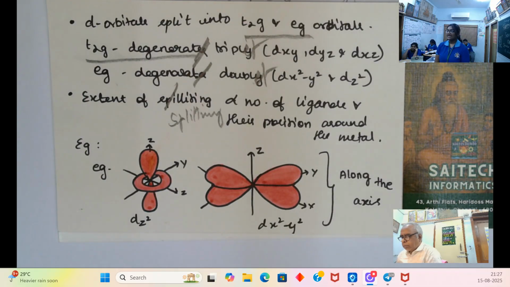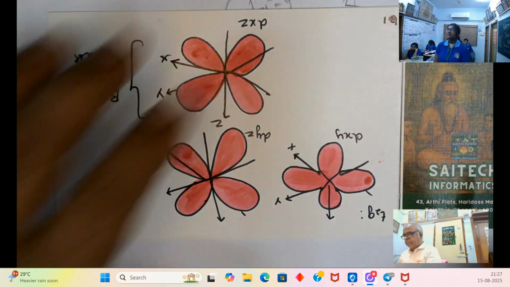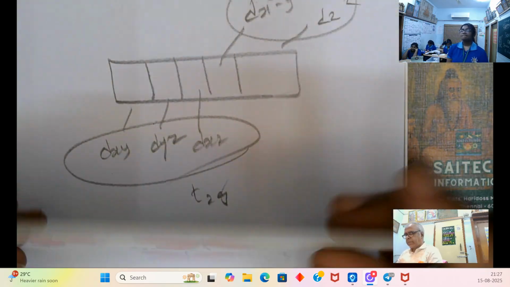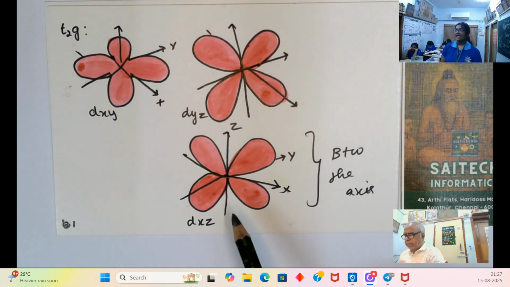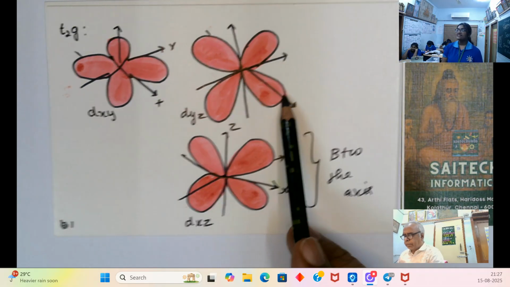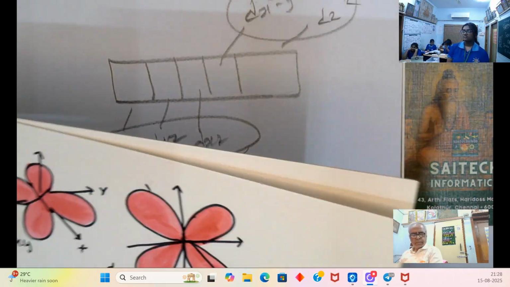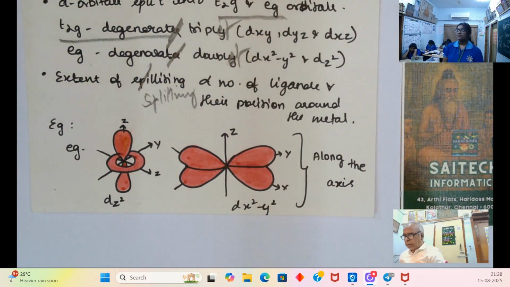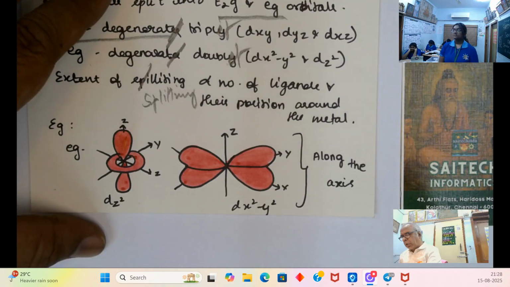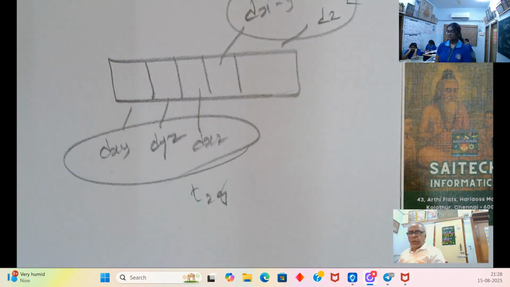They will be along the axis. These are the triplet t2g. They will be between the axes. As you can see, the x, y, and z axes intersect each other. And these doublets are oriented along the axis.